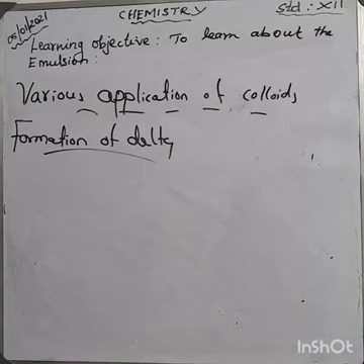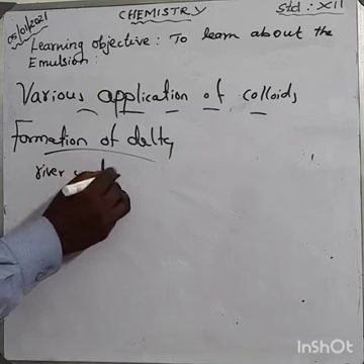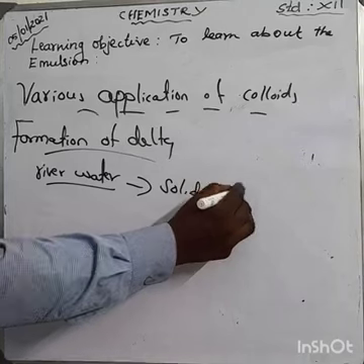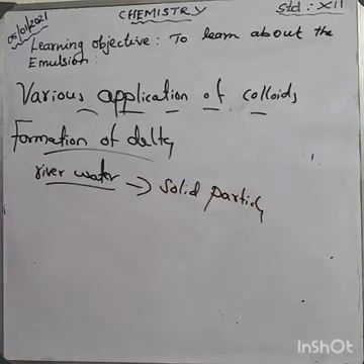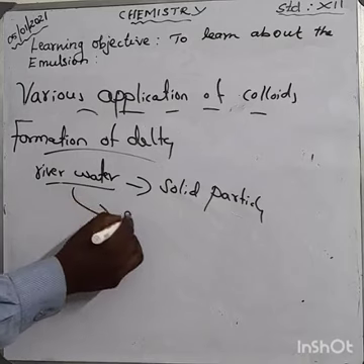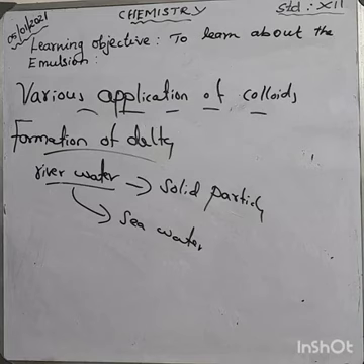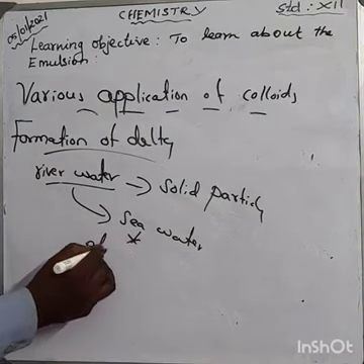So the river water has some solid particles. The solid particles are floating on the river water. Okay. Anyhow, the river water meets the sea water. Therefore, the sea water contains a number of electrolytes.